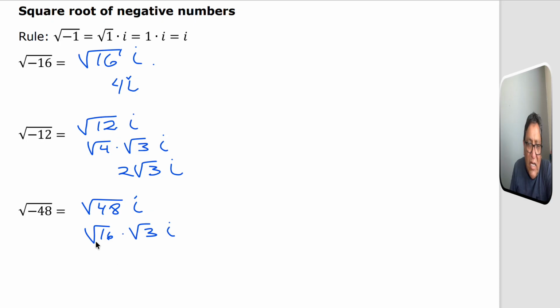So therefore, square root of 16 will be 4. Square root of 3 i. This will be the simplest form of the square root of negative 48.